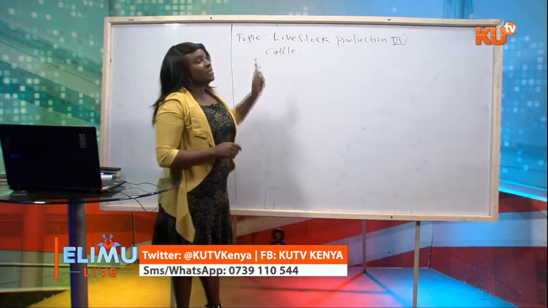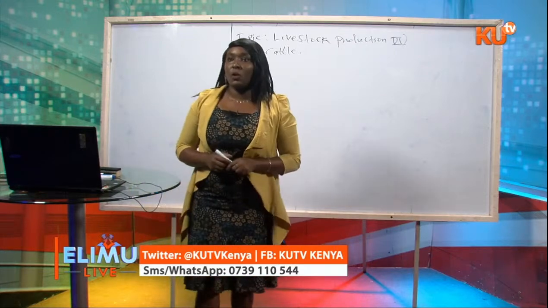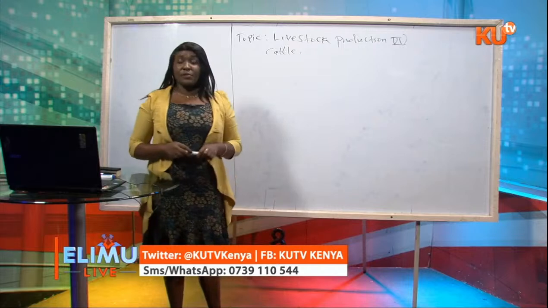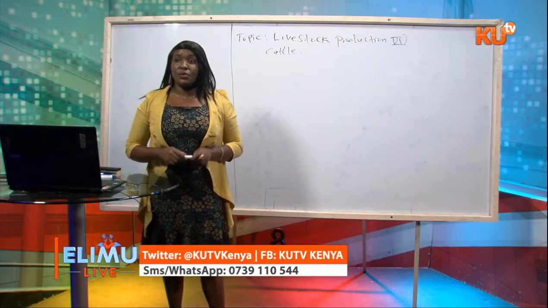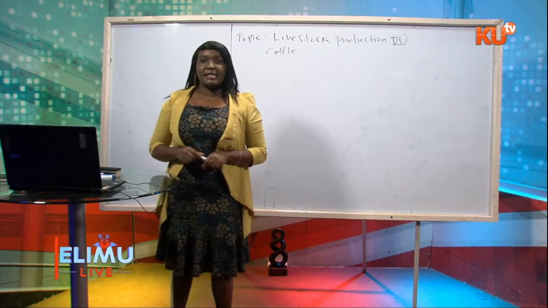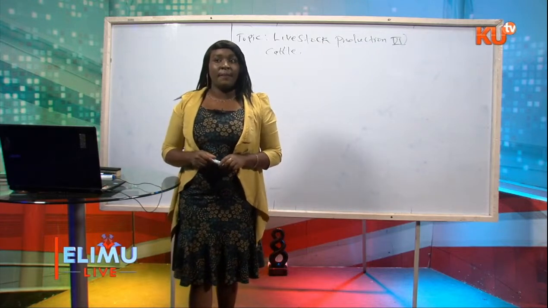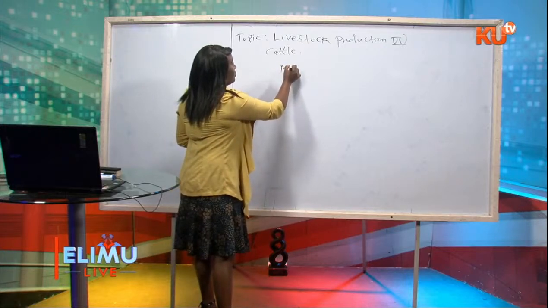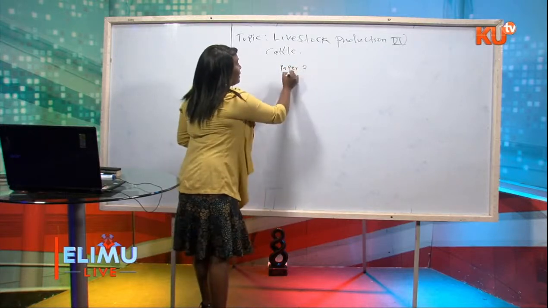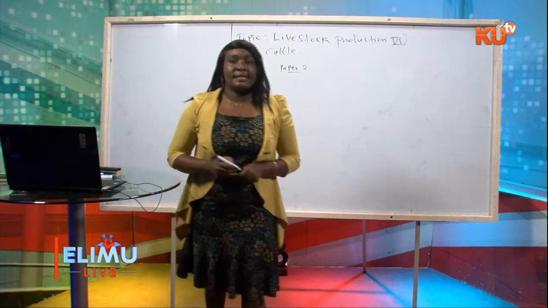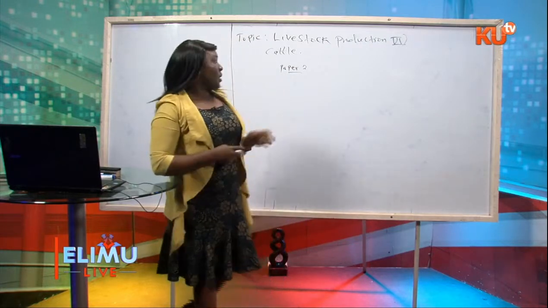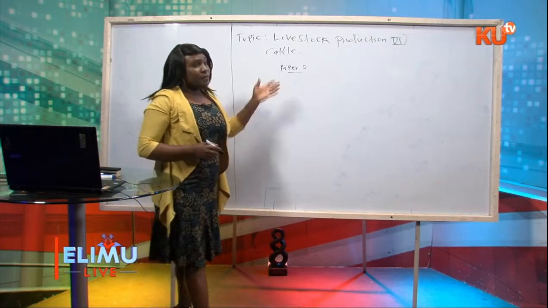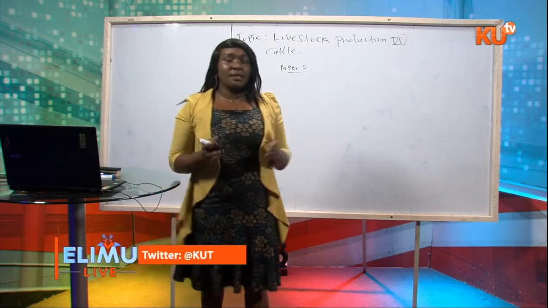This particular topic, I would like to give you a background on what happens when you're dealing with it in terms of the KCSE, because this is a candidate topic in Form 4. In the KCSE, it is found in paper 2, and paper 2 deals with livestock production.